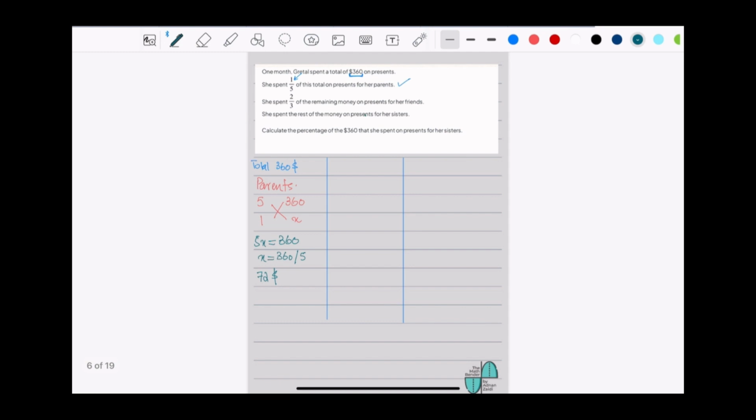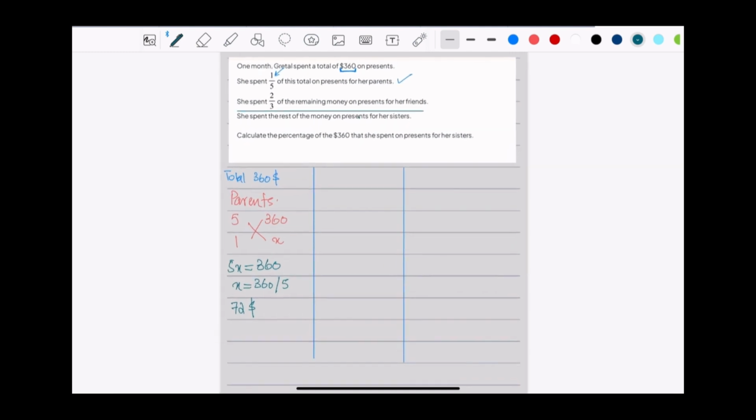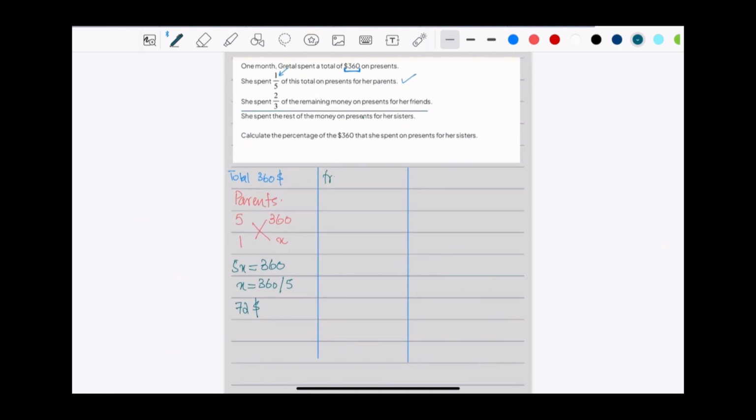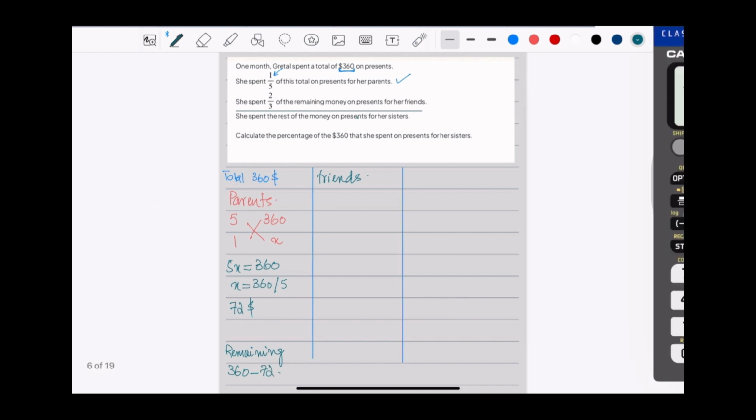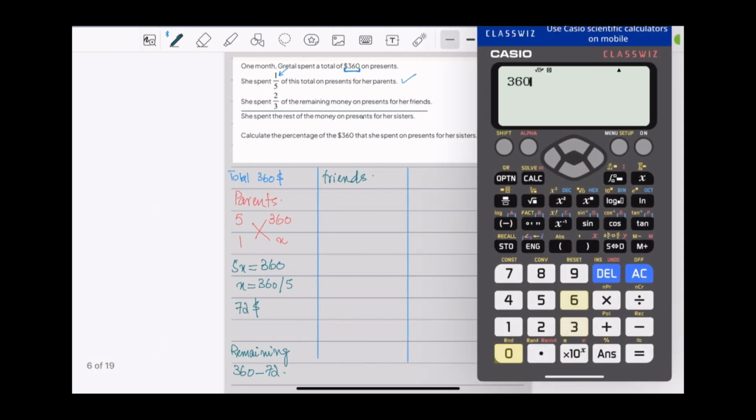Now next, she spent 2 out of 3 portions of the remaining money on her friends. So first find out the remaining amount of money. The remaining amount is going to be 360 minus 72, which is 288.